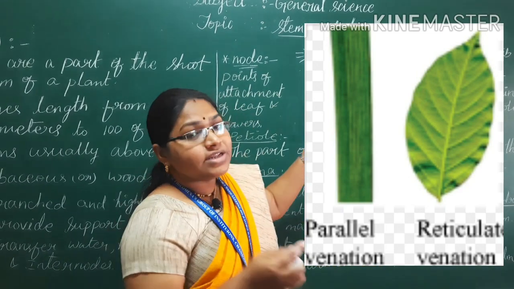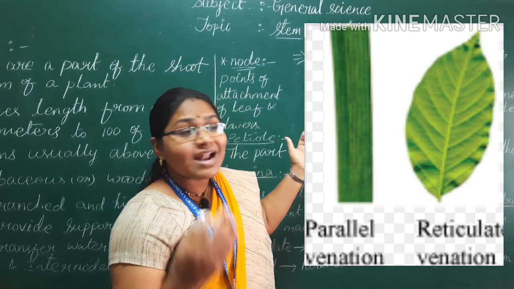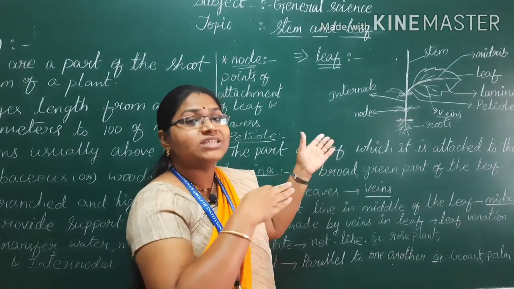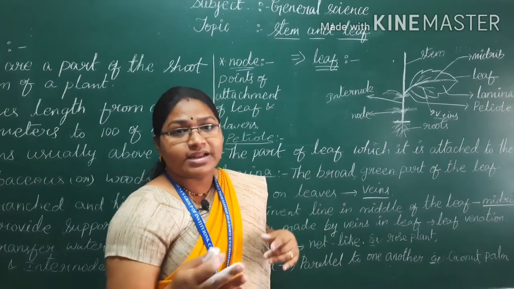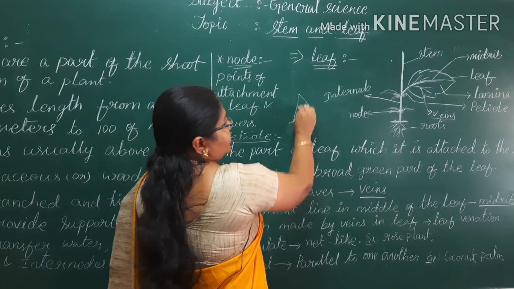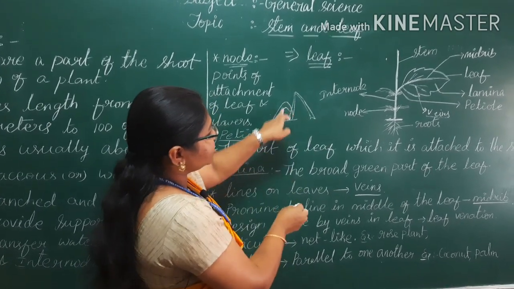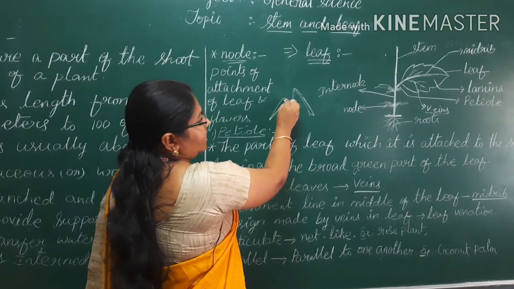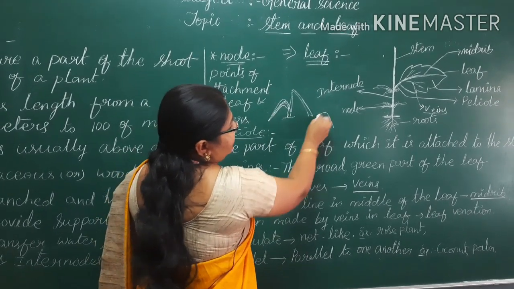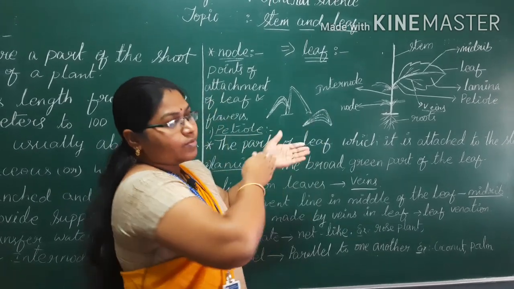And what do you mean by parallel venation? Parallel venation means the veins are parallel to one another. For example, in grass, if we take this diagram, the veins are parallel to one another.